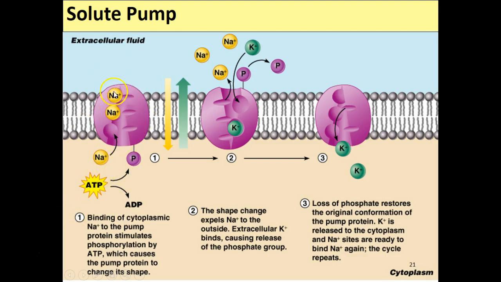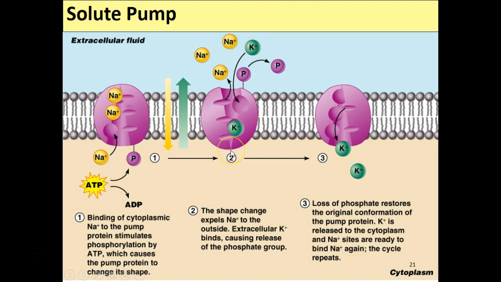So we want to push the sodium that's in the cell out of the cell against its gradient. Sodium binds to this pump, and ATP binds. It's hydrolyzed to an ADP plus a phosphate that activates the pump, and the pump opens to the extracellular environment. Sodium leaves. Now potassium combines.